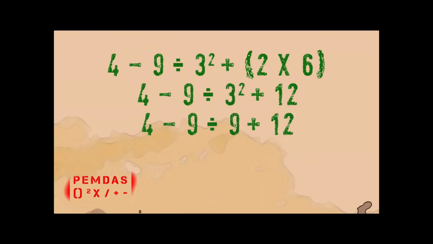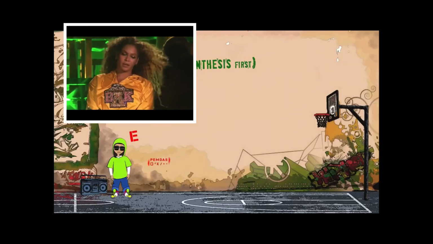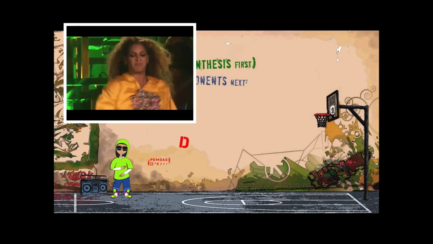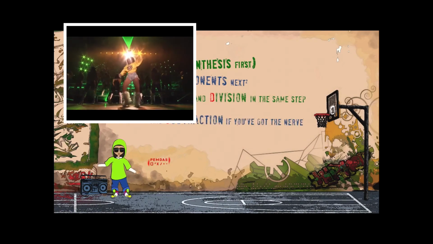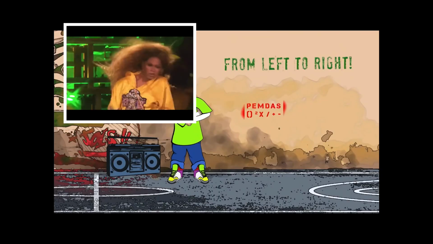Now we divide or multiply. Let's see what we got. Take a look at the signs. 9 divided by 9 is 1. The answer's close, man. We're almost done. 4 minus 1 has a difference of 3. When we add the 12, we get 15. Parentheses first, exponents next. Multiplication and division in the same step. Addition and subtraction, if you got the nerve. From left to right, first come, first serve.